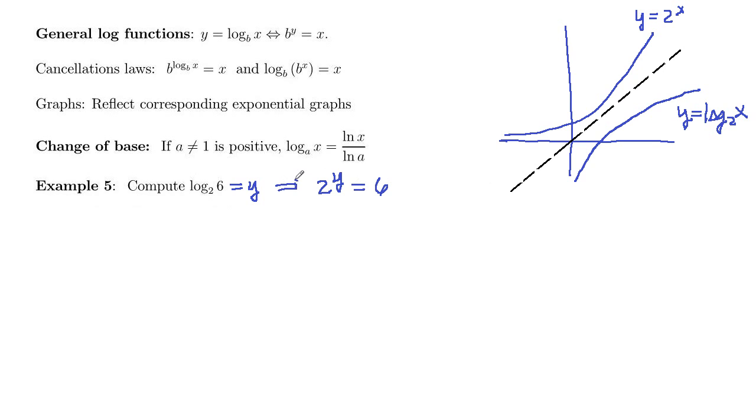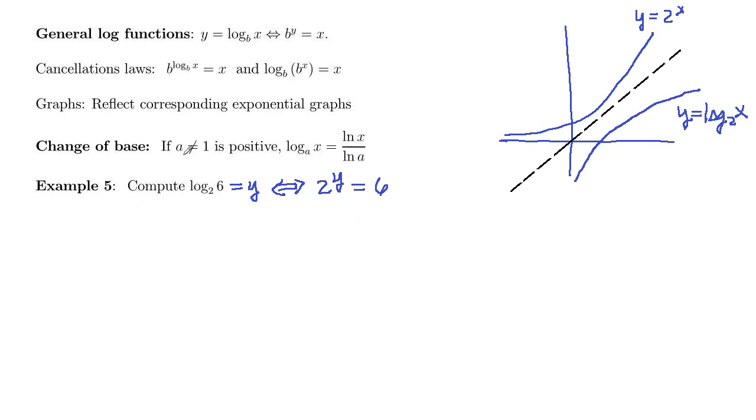So that's the corresponding exponential form. But in either form, we don't know how to compute that directly on our calculator. So 2 to what power equals 6? We'd have to use logs to solve that equation.